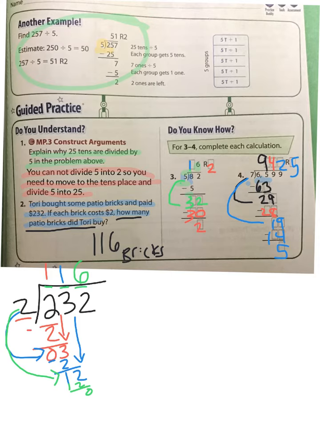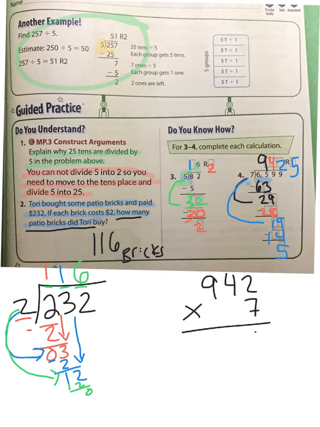If your remainder is bigger than your divisor, then you know that your answer is incorrect and you need to divide more. To check this answer, we are going to multiply our quotient, which is 942, times our divisor, which is 7.